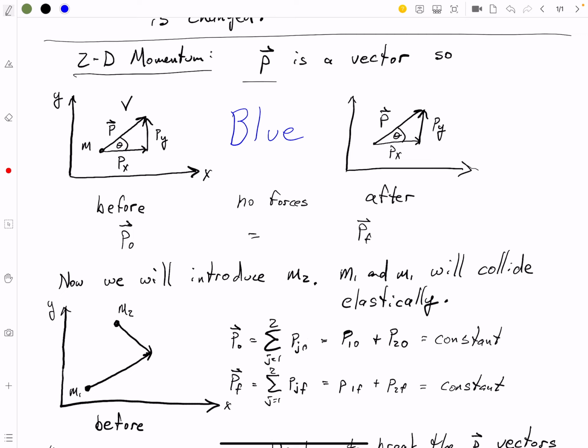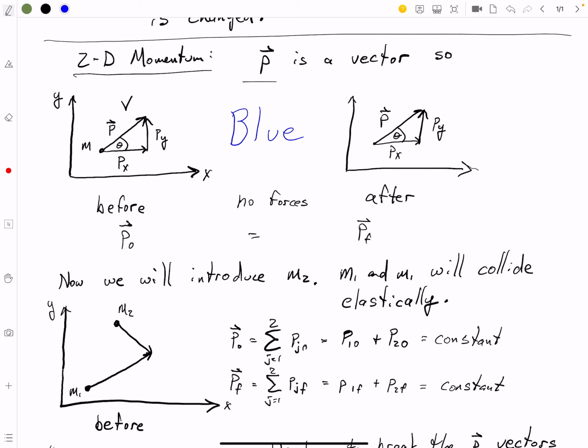Okay, so we've got blue, and initially, at time 0, we are looking, and the particle has a certain momentum, and we can break that into components.